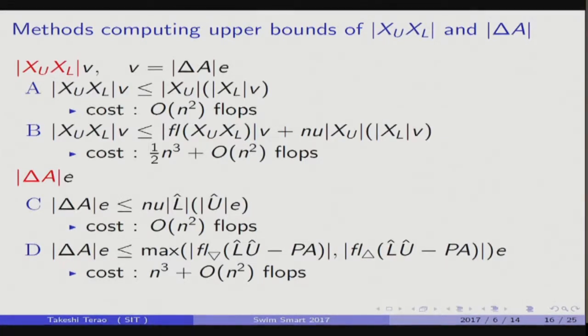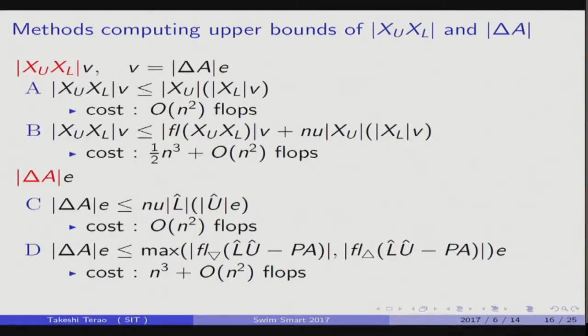The cost of method A is order n squared flops, and the computational cost of method B is 1/2 n cubed flops, because XU and XL are triangular.